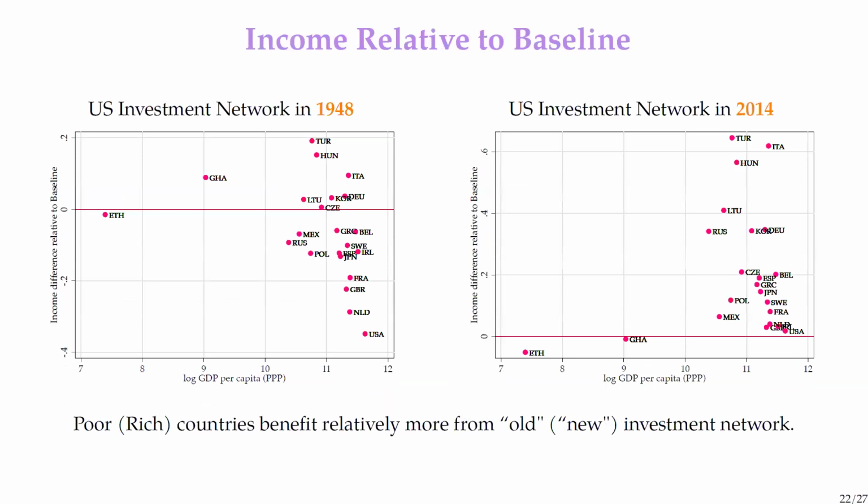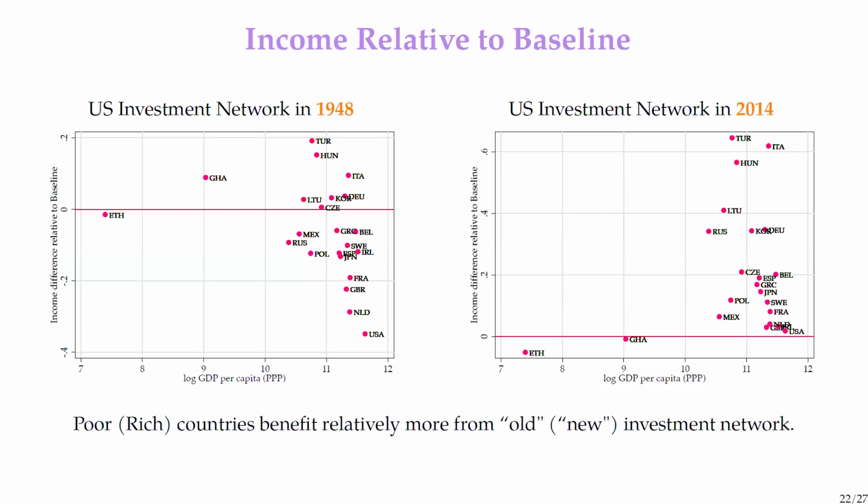Okay, now let me show you the exercise where we try alternative investment networks. On the right, we see the income differences relative to the baseline of imposing the US investment network in 1948. What we can see is that poorer economies benefit more from this proxy of an older technology, whereas high-income economies do not benefit at all.